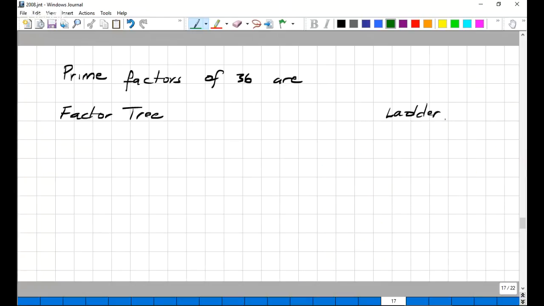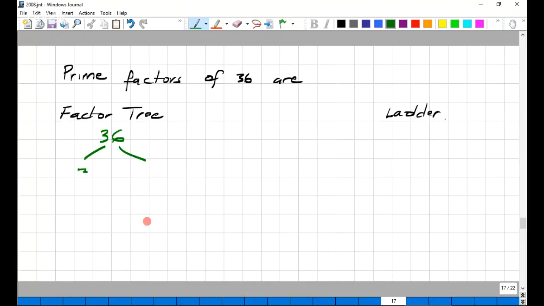Prime factors of 36. We have 2 methods of doing that: the factor tree method and the ladder method. Let's go through both. Factor tree: 36. We're going to break this out into what?